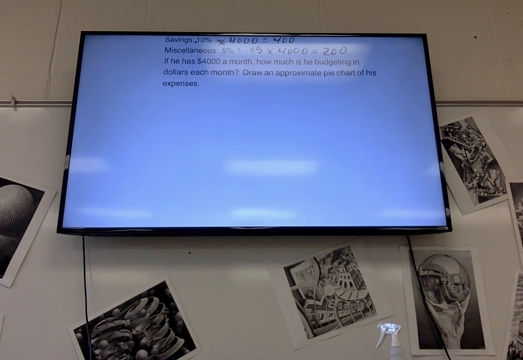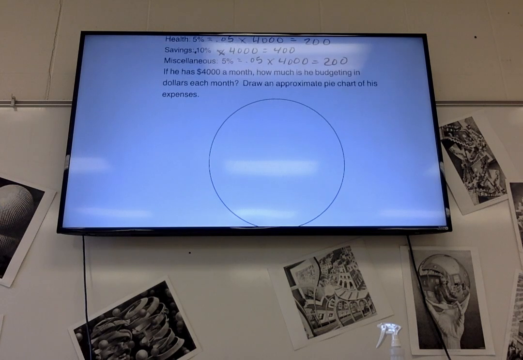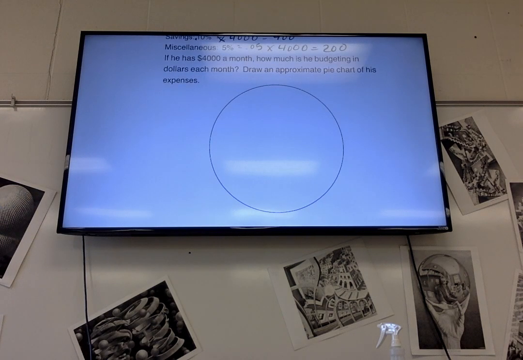Draw an approximate pie chart. Okay, 40% is not quite half. So if we find about the middle of that, I'm just going to put a little line here. There's half.